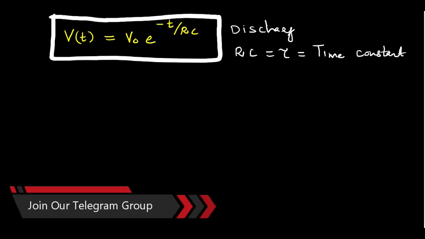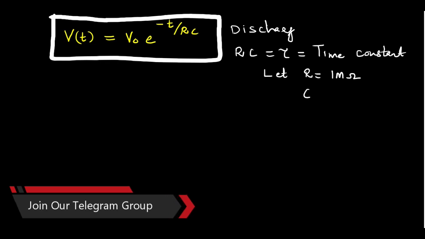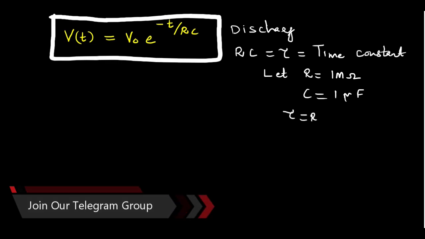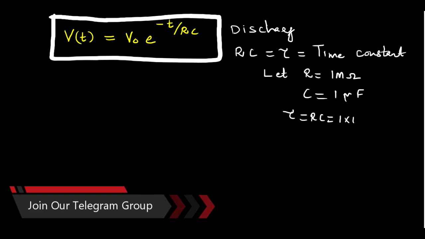Let us assume that in the previous circuit we had one capacitor and a series resistor, an RC circuit. So let R equal 1 mega ohm and C equal 1 microfarad. What is the time constant tau equal to RC equal to what? 1 mega, that is 10 to the power 6, multiplied by 1 multiplied by 10 to the power minus 6.